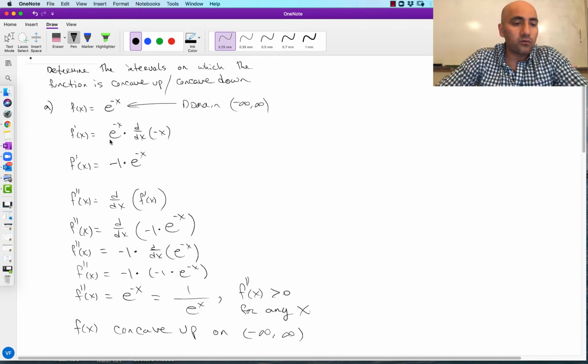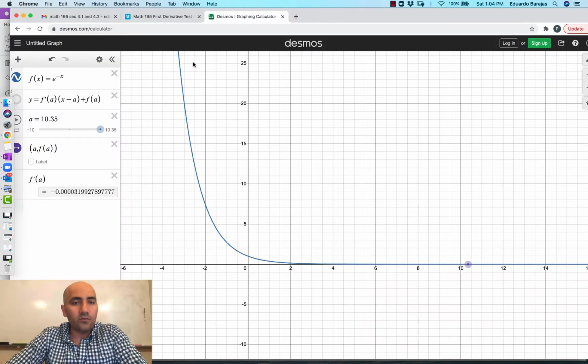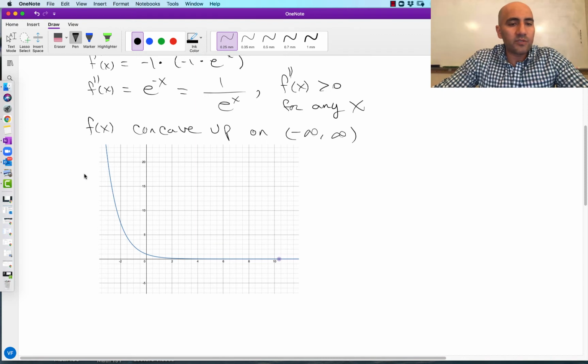So let's go to Desmos. Okay, so in Desmos, I see that e to the power of negative x has this sort of graph, and I can confirm that it does have that concave up kind of look to it. So with the help of Desmos, we see that this is the graph of f of x, and in fact, it does have that concave up shape for all real numbers, right?